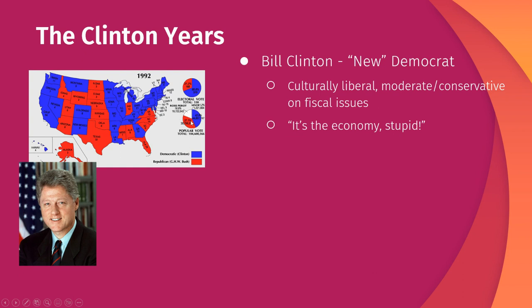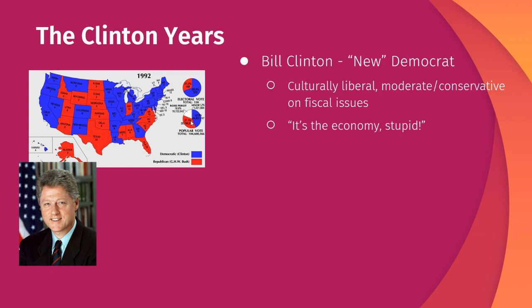That is an independent candidate, a Texas billionaire by the name of Ross Perot, who also runs, and he gains the largest share of the popular vote by a third-party candidate since, trivia question, I'll give you a moment to think about it, 1912, when good old Teddy Roosevelt ran as a progressive candidate.